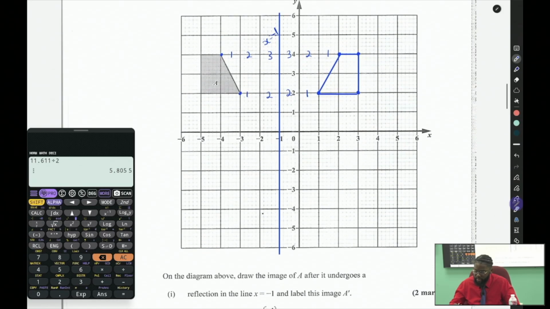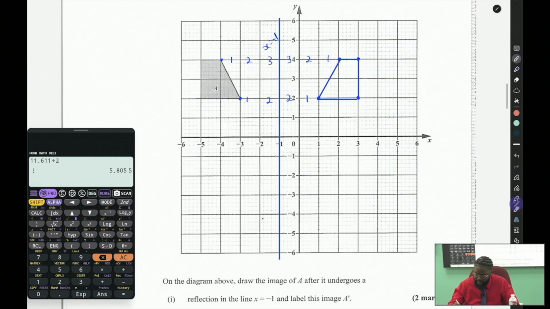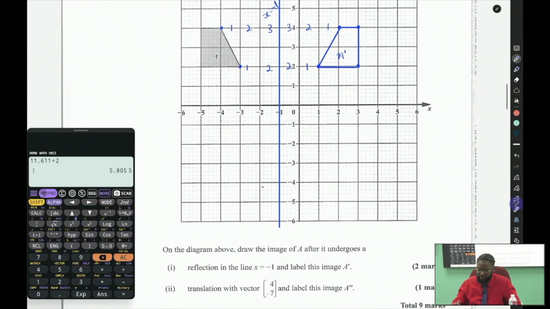And there you go, you get your 2 marks very easily. Oh wait, we have to label it A prime. So now we get our full 2 marks.